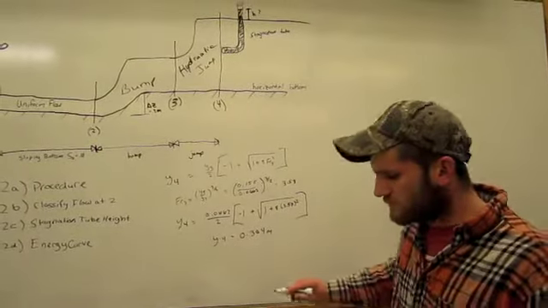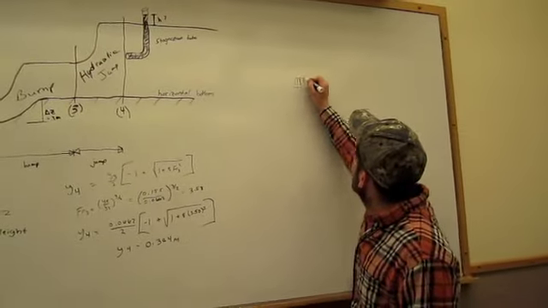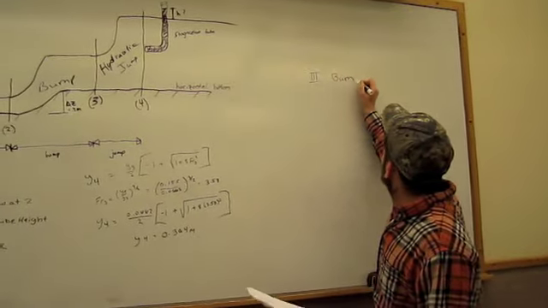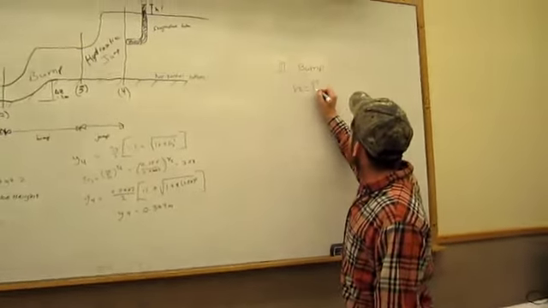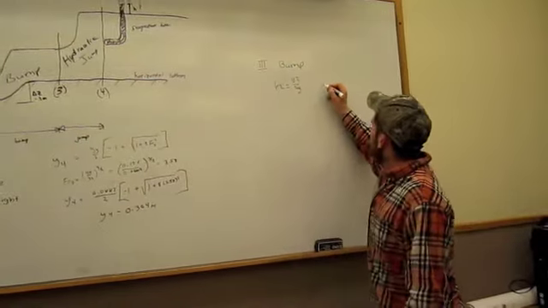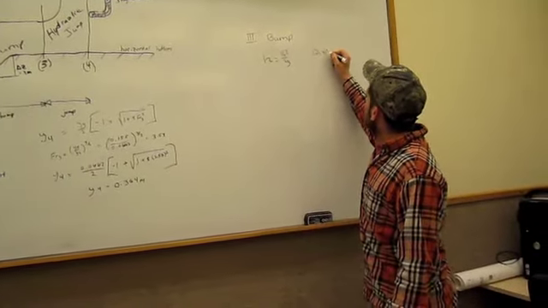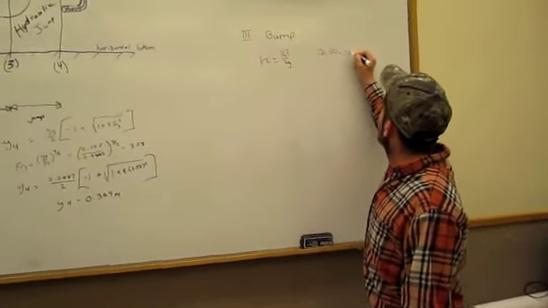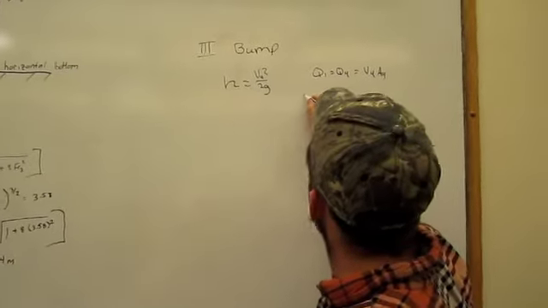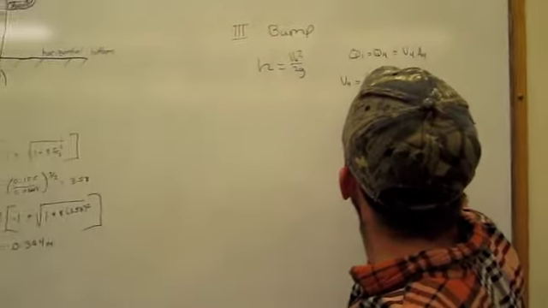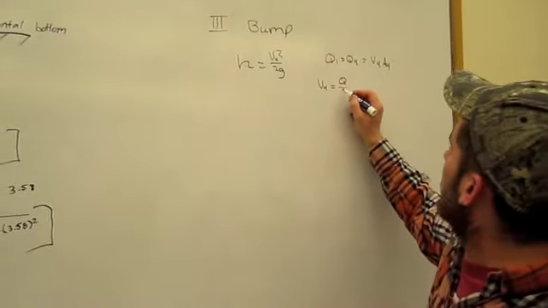Now that we have y4, we can go to our final section, the stagnation tube. We'll use a simple equation, h is equal to v squared over 2g. To find v4, we know q1 is equal to q4 is equal to v4 times a4. We rearrange that to get v4 is equal to q over a4.